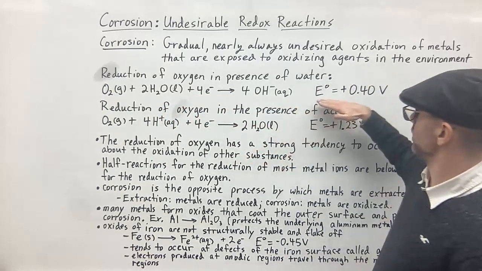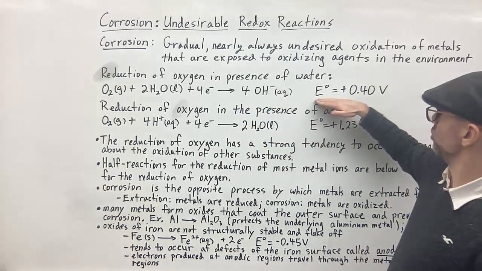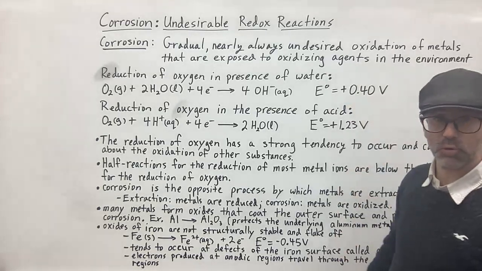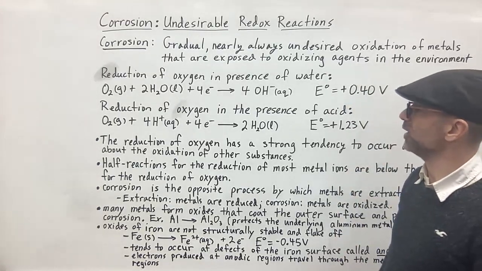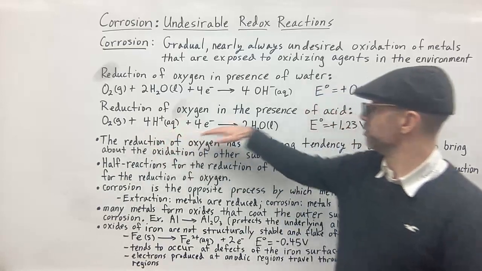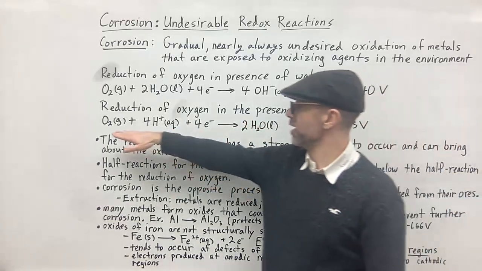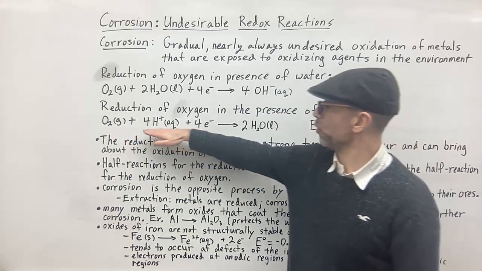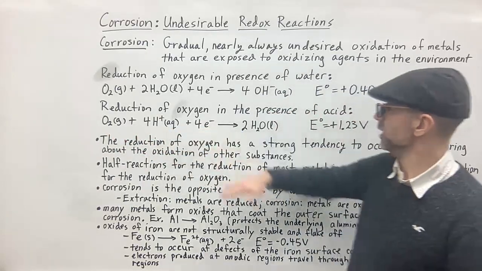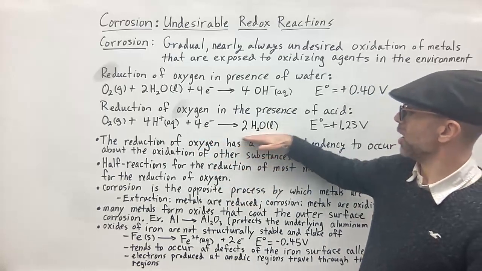That has a standard electrode potential of positive 0.40 volts. And you can see that the reduction of oxygen is even stronger in the presence of acid. Here we have oxygen gas plus 4H+ ions plus 4 electrons gives you 2 water molecules.